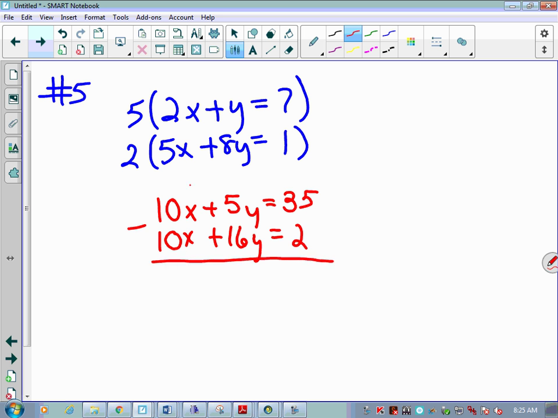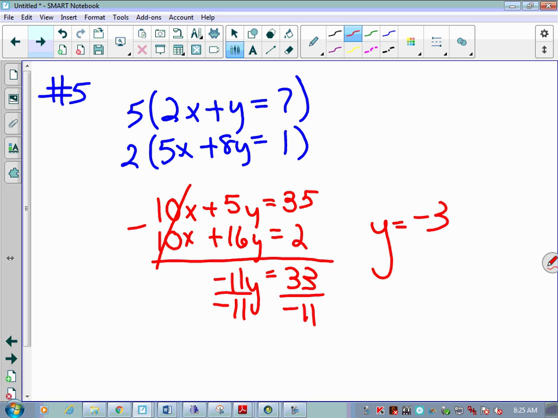I'm going to cancel out my x's. I got 5 minus 16, which is negative 11, right? Negative 11y equals 33. Divide 33 by negative 11. y equals negative 3.